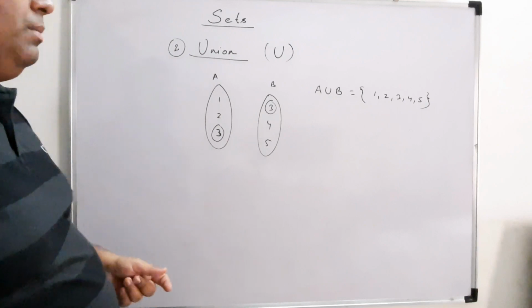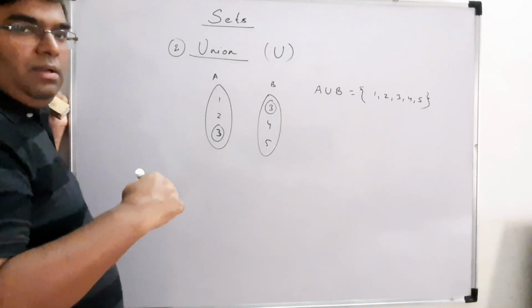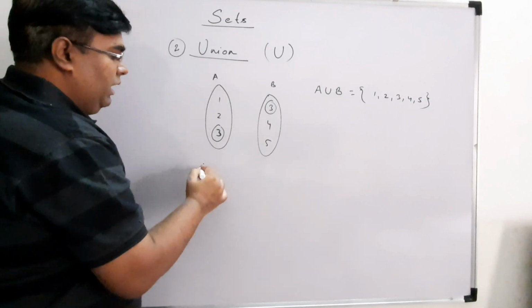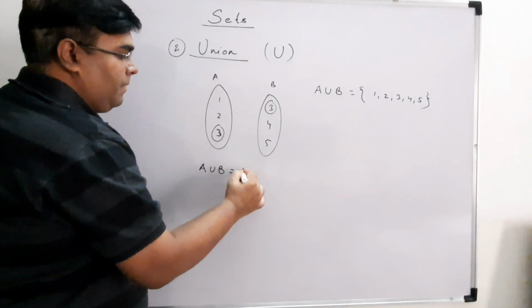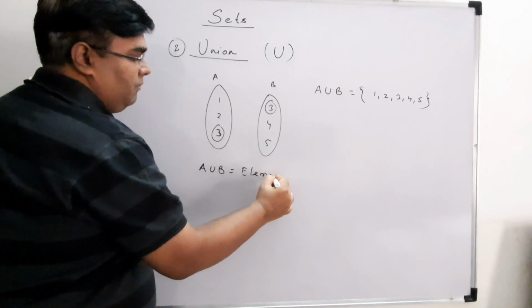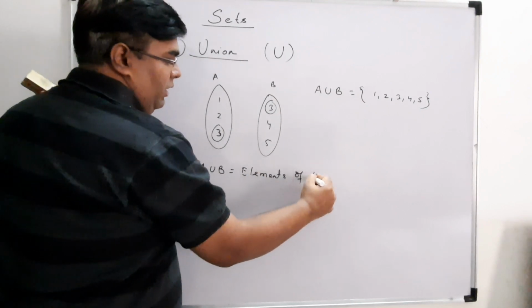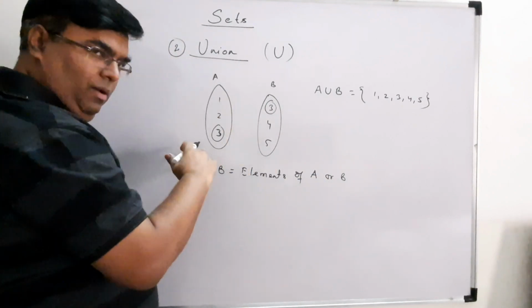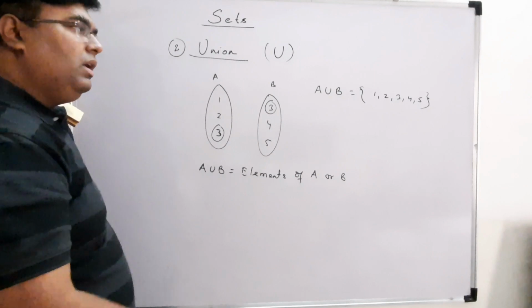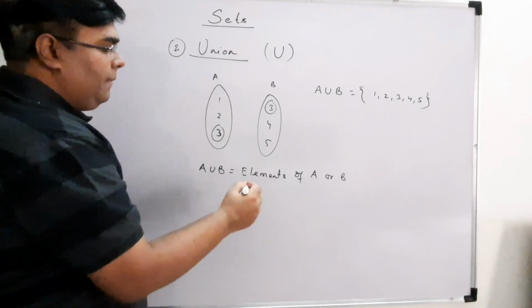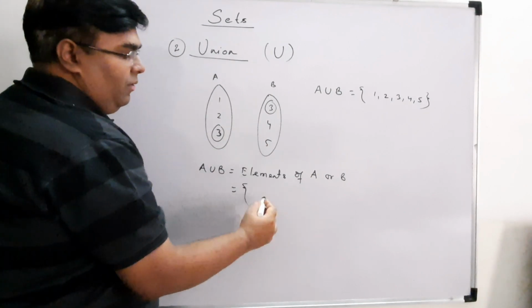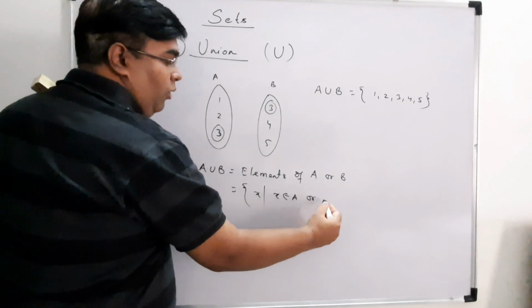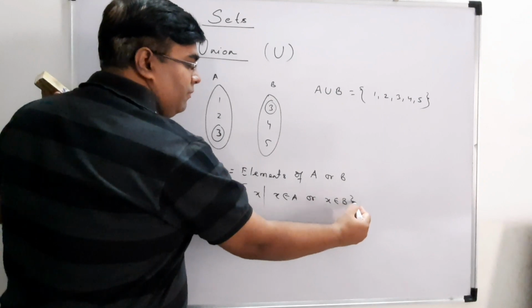So A union B means elements which are in A or which are in B. Either it should be in A, or it should be in B, or it can be in both A and B. In mathematical or set builder form, we can write {x such that x belongs to A or x belongs to B}.